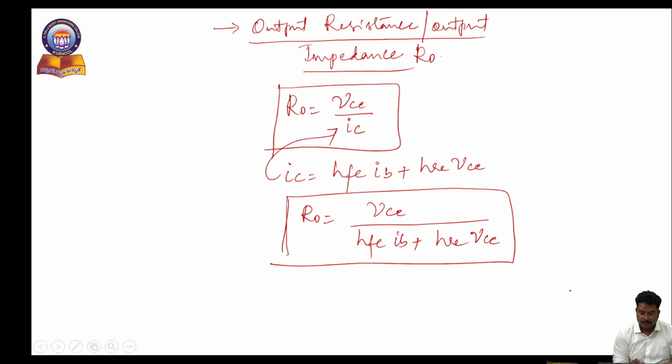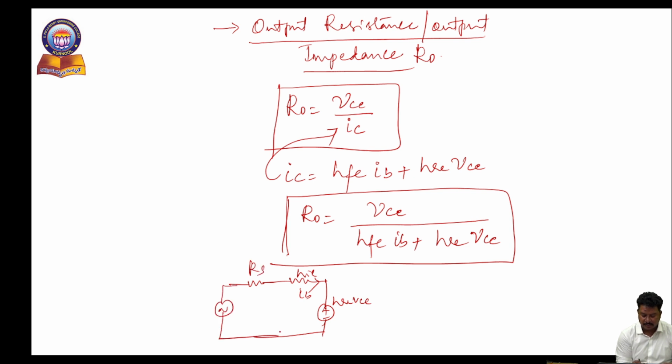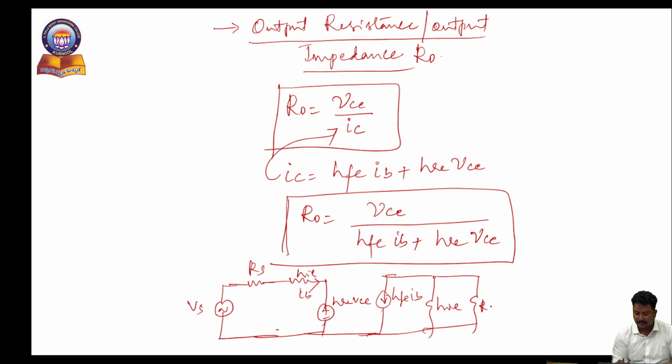Once again I am trying to draw the AC equivalent model. As we know, HIE, HRE into VCE, this is IB, and the source resistance which is connected, and the source is connected. On the output side, we have HFE into IB, HOE, and the external load resistance.